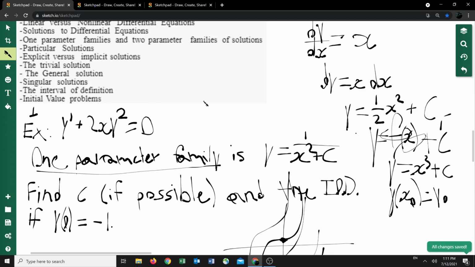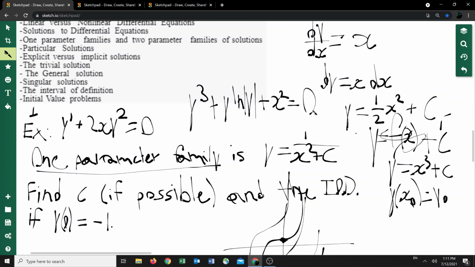Maybe an example would be like y cubed plus y ln y plus x squared equals e to the x. This is super ugly.